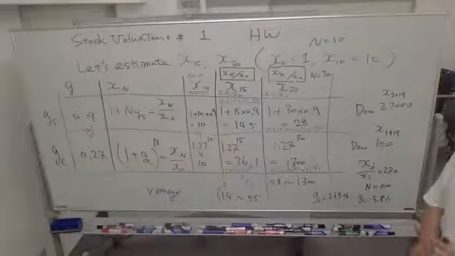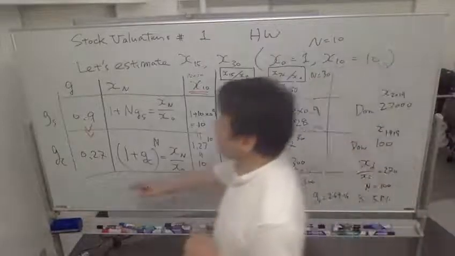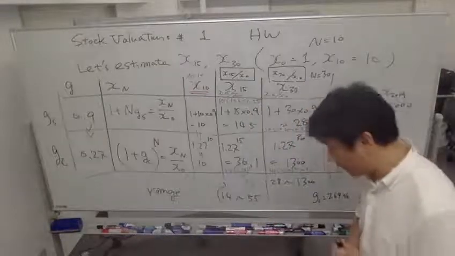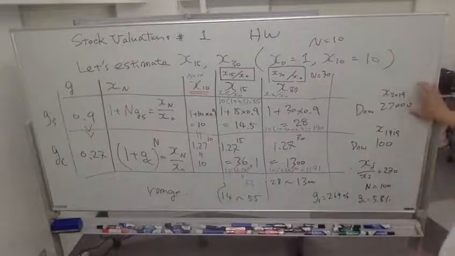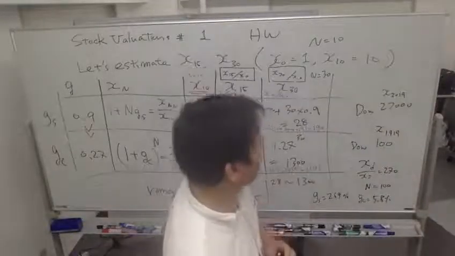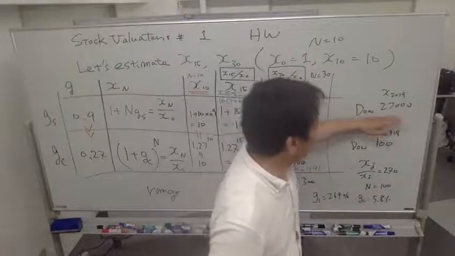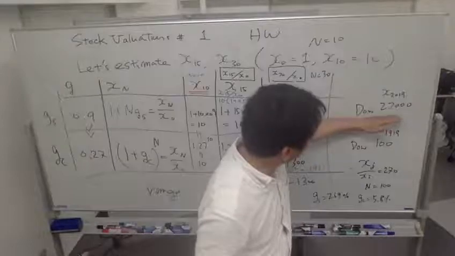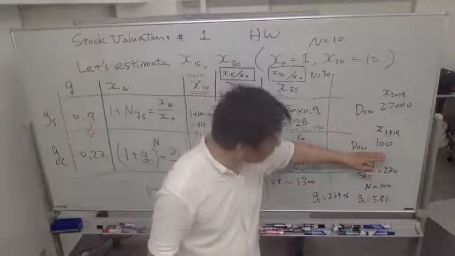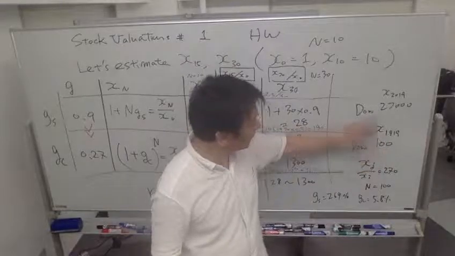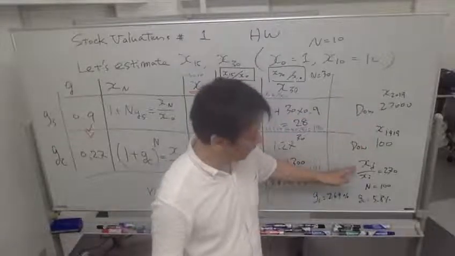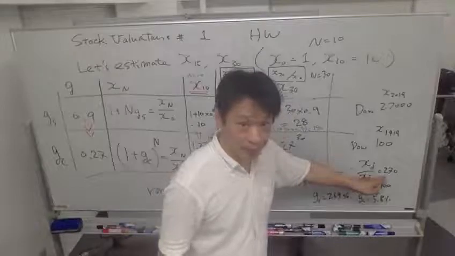And with these GC things, you can adopt almost anything. For example, the Dow Jones Index today is at 27,000. And 100 years ago, Dow Jones in 1919, it was just 100. So Xj over Xi is 207, right?